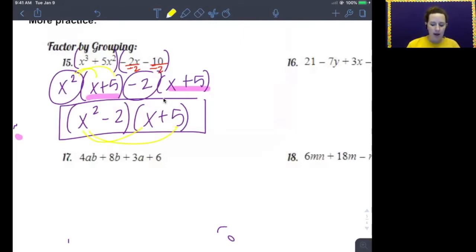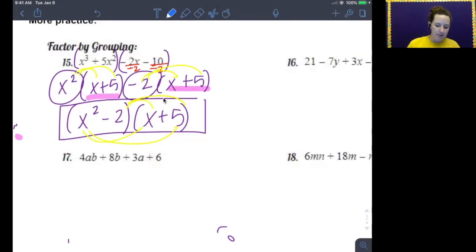And then I would have negative 2 times x and negative 2 times 5, which is what you have in the second set up on the top. So we've essentially just taken our pieces and rearranged them. Because we have the first set of terms in parentheses, we only have to write that x plus 5 one time. So our factored form would be x squared minus 2 times x plus 5.